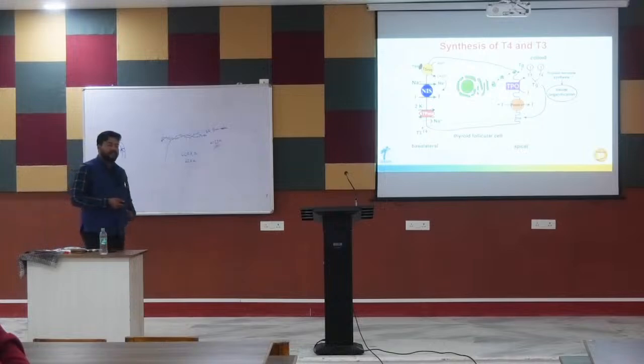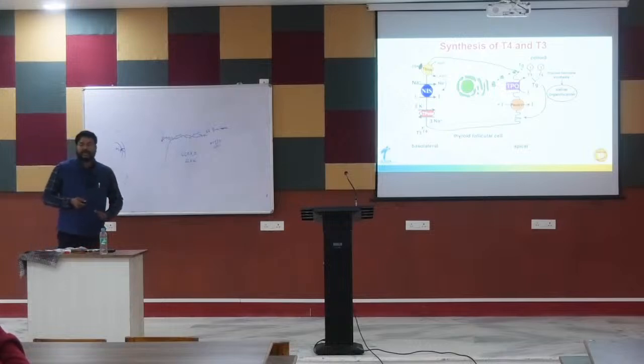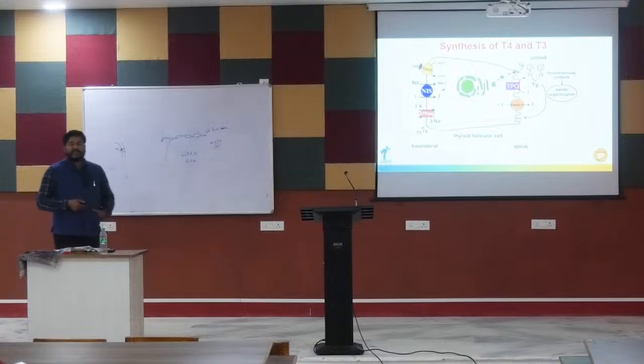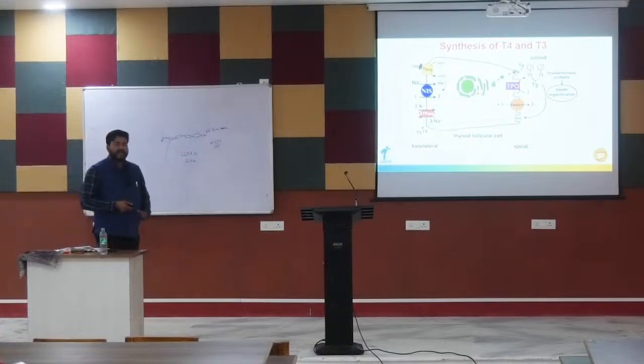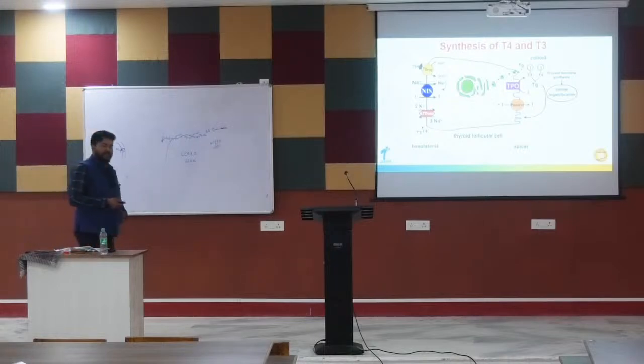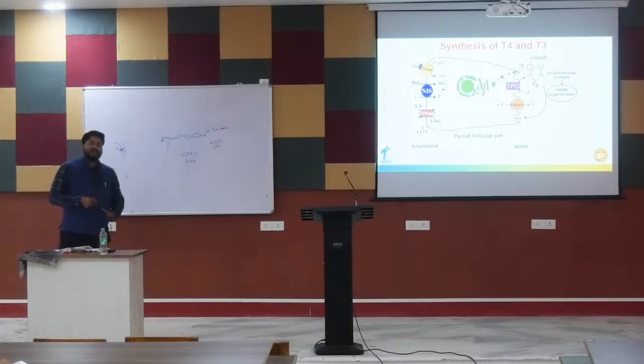There may be a genetic mutation in this pendrin molecule that can lead to hypothyroidism. And pendrin mutation can also lead to deafness. It is called Pendred syndrome. Haven't you heard the name, Pendred syndrome? So what is Pendred syndrome? Mutation in the pendrin gene that leads to hypothyroidism and deafness. Okay.